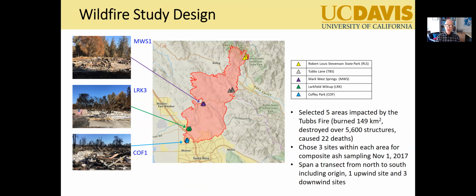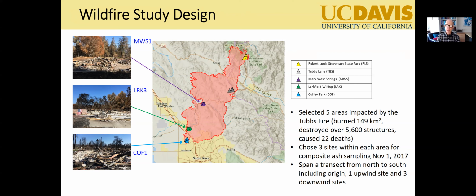So to answer that question, we designed a study in which we took samples ranging from the upper part of the map. The center shows Robert Louis Stevenson State Park. That serves as our undeveloped reference site in this case. It was the northern boundary of this particular piece of the fire, and the prevailing winds during this fire were largely from the northeast to the southwest, so angling down to the left in the map there.